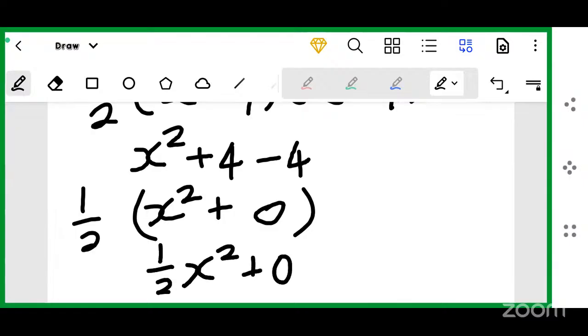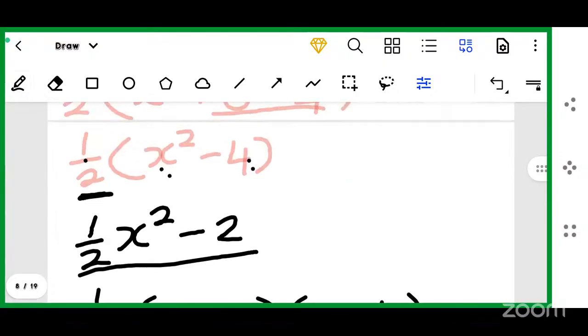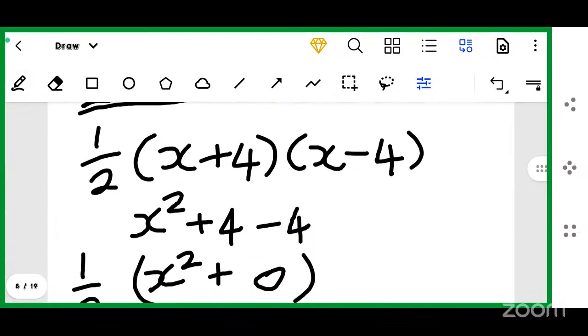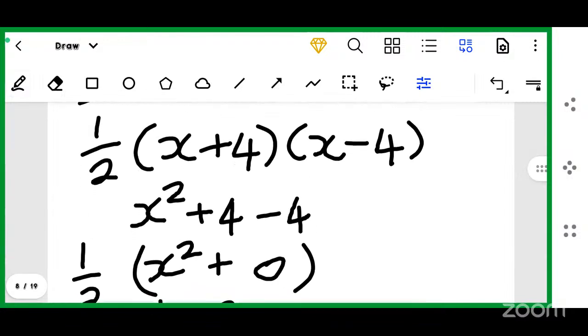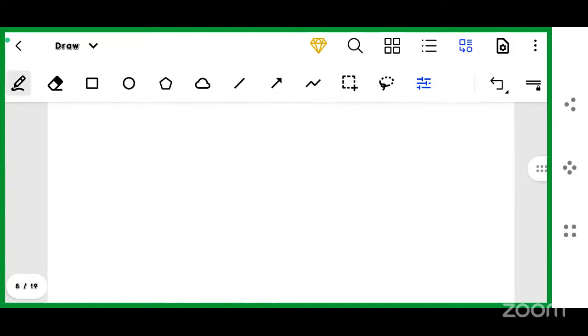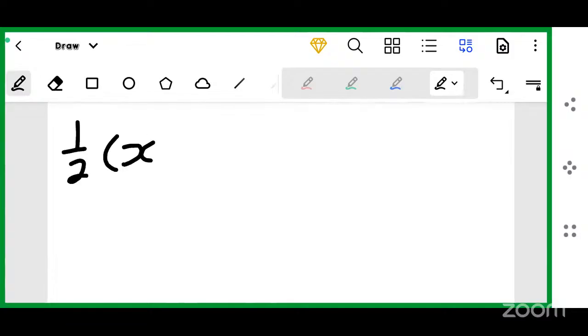Okay, plus 0. All right. So I like the attempt. Where were we? Okay, so we were here. x plus 4, x minus 4. Excuse me, sorry. So it's 1 over 2 of x plus 4, x minus 2, or minus 4, sorry.